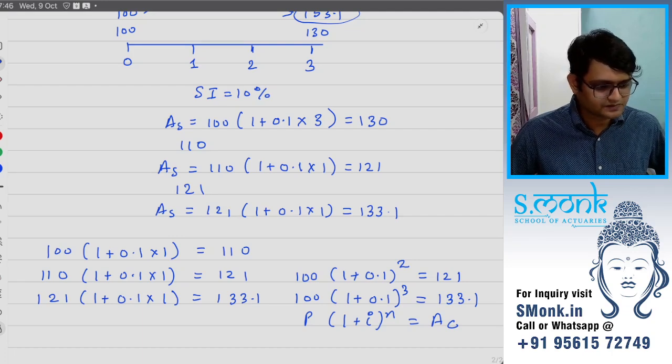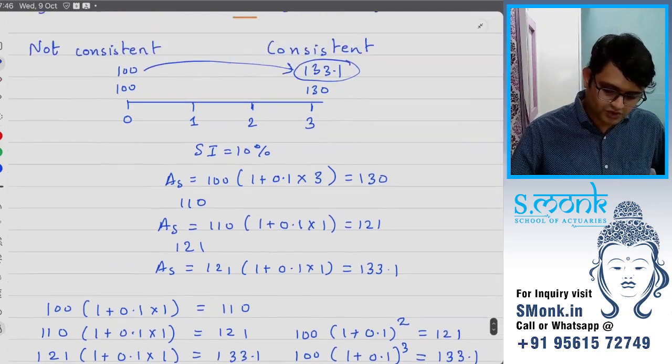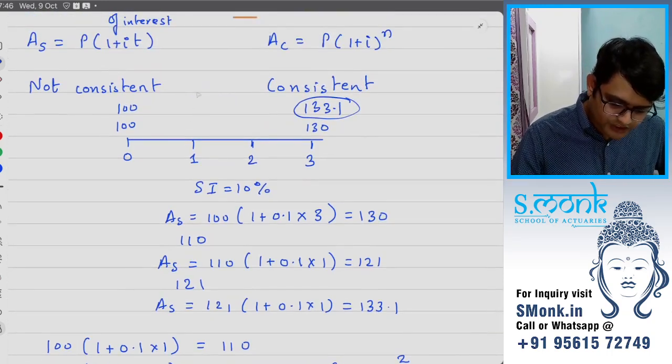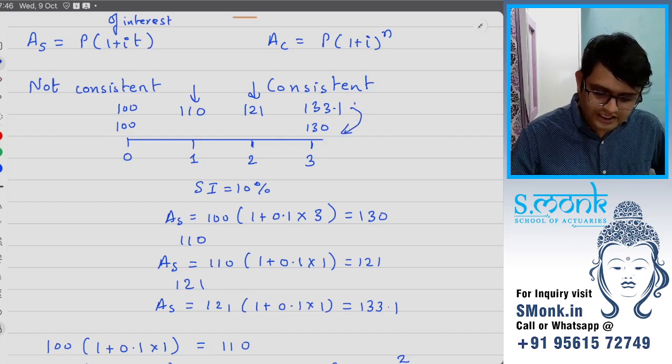Right? So if simple interest was broken down into multiple years, with this 110, 121, I got inconsistent answers.